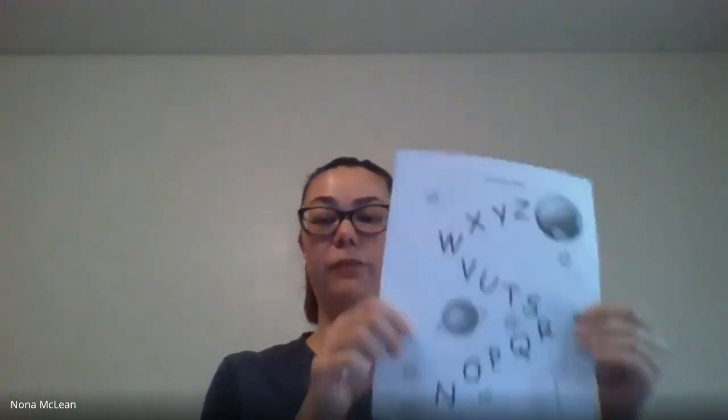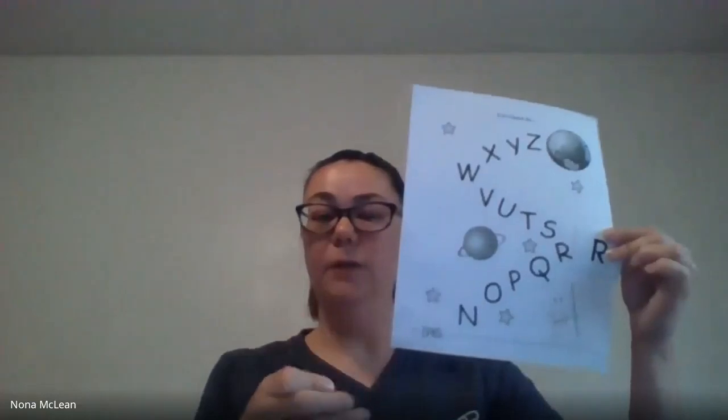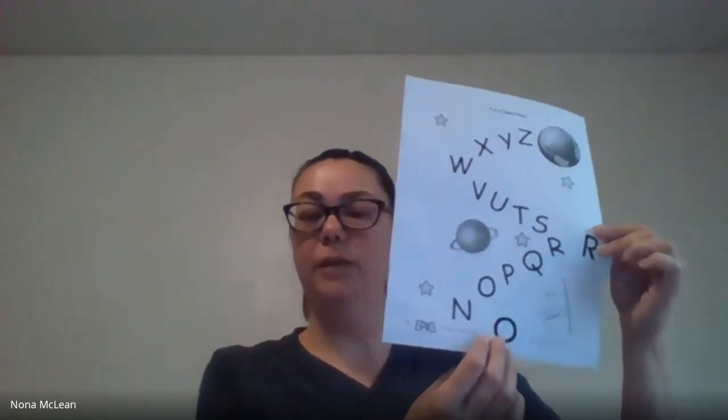What letter is this? O. So let's take a look. I'm going to look for the letter O. Oh, and I see it right here. So I'm going to place the letter somewhere down at the bottom, right there. And then I'm going to keep going and going until I hear that timer stop.